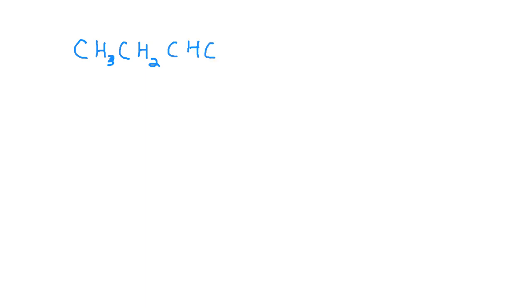Now I'm making them big, huh? CH, CH3, and CH3. Okay, so again, why don't you pause this and see if you can do it before I do it. And then hopefully we'll arrive at the same answer.